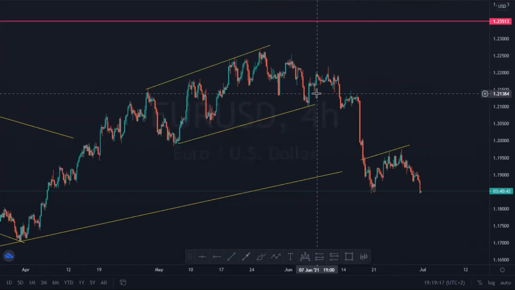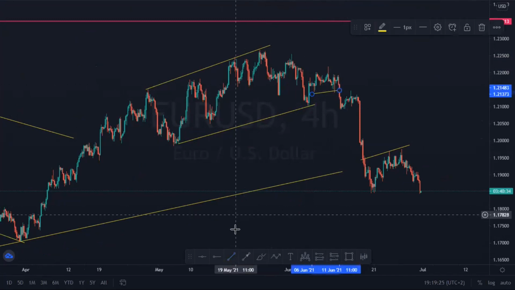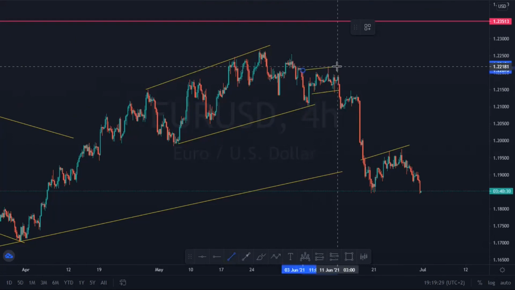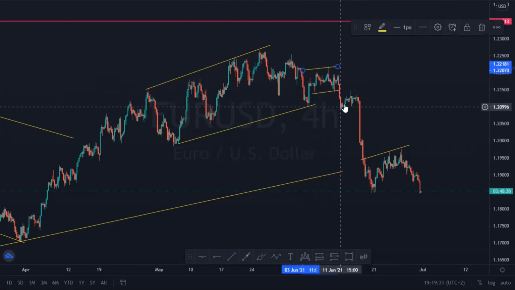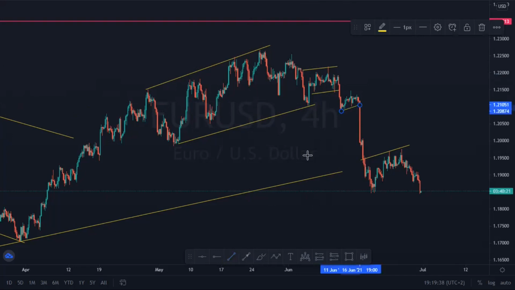So what happened when you get here? We see that there was a correction here. There was an impulse, then a correction. That's how the market moves, guys, when you want to catch the bigger move.